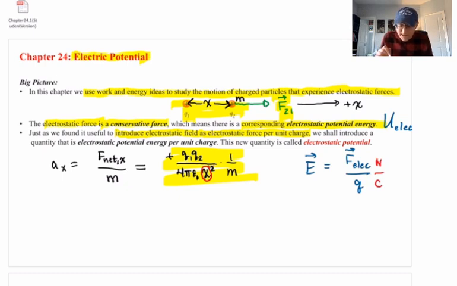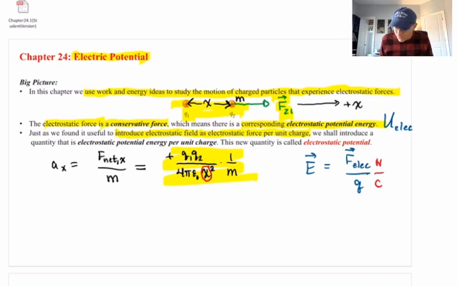All right, we introduced that in chapter 22. Electrostatic field, often called just electric field, is electrostatic force per unit charge. And that's a useful idea. So we're going to use that idea here as well.